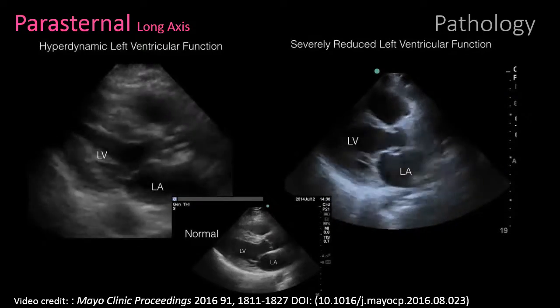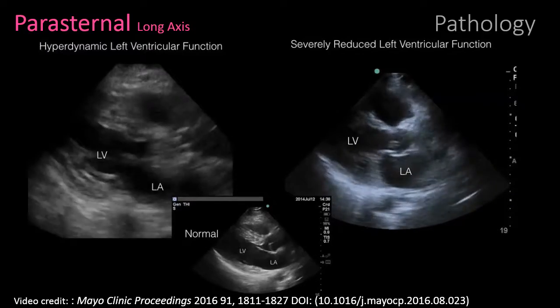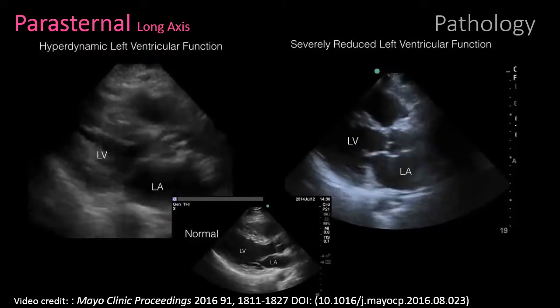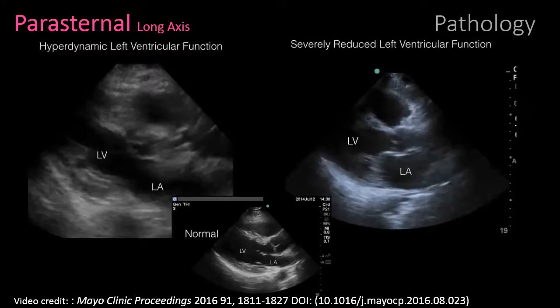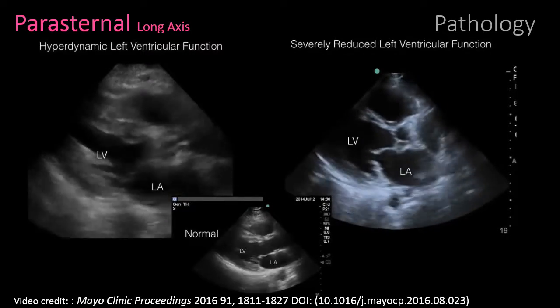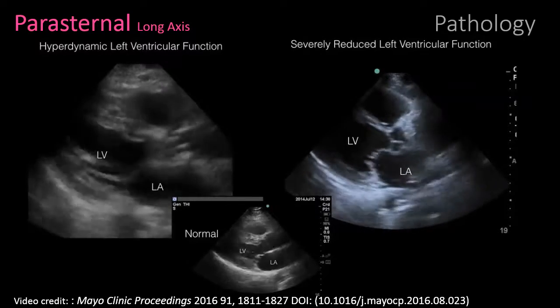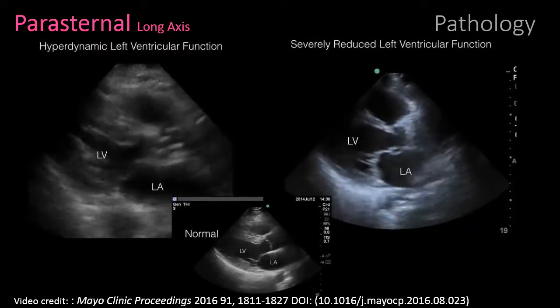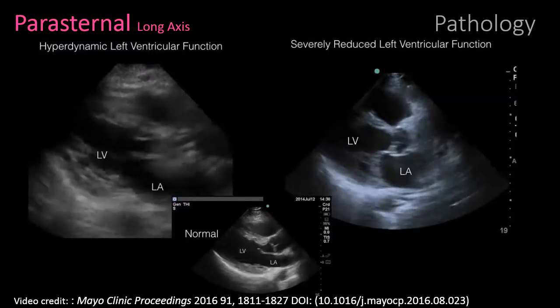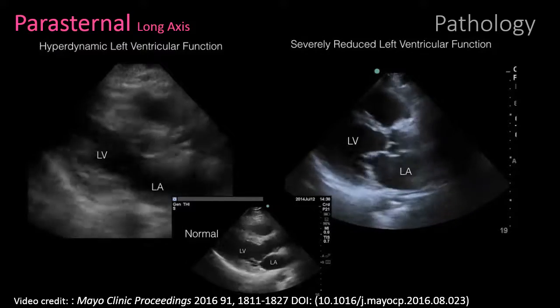And here we see a comparison of 3 hearts. The one on the top left is what we would refer to as hyperdynamic, or in other words, its walls are closing in too much. They're almost kissing during systole. On the top right, we can see kind of the opposite occurring.